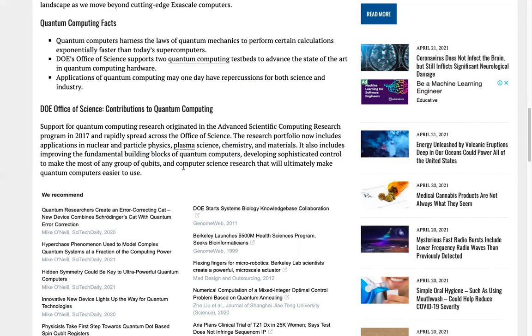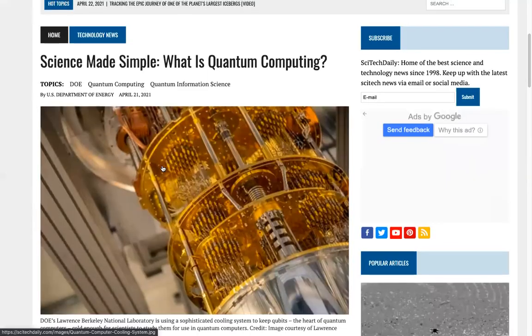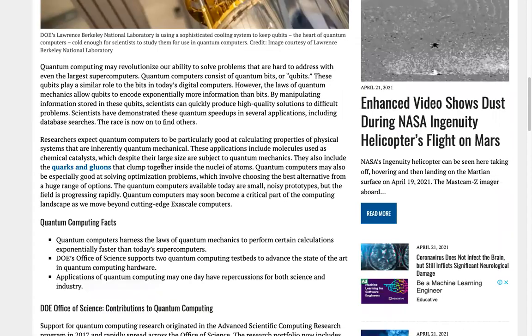The software part of it, the hardware part of it, and computer science research that will ultimately make quantum computers easier to use. These two things go in parallel in the quantum world, and they are working towards it.